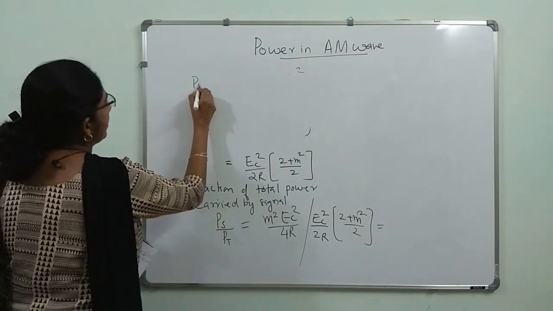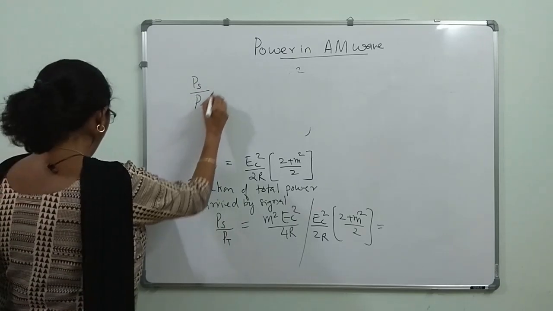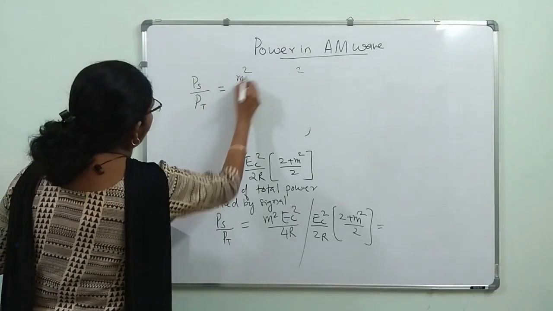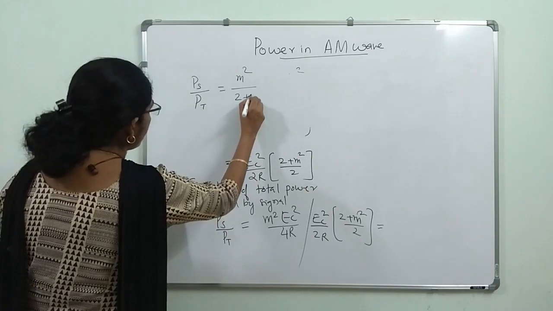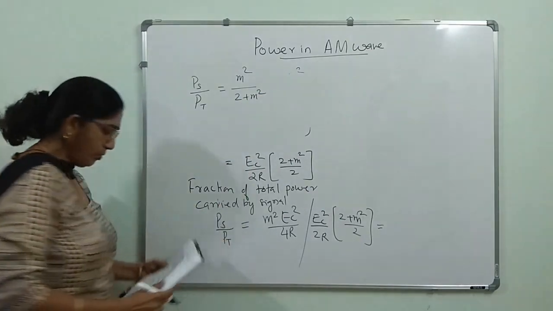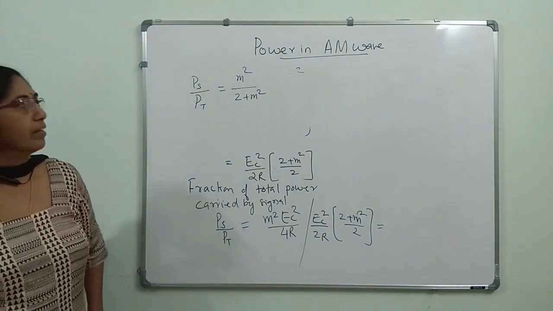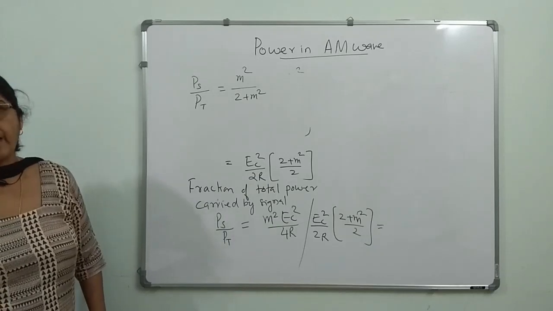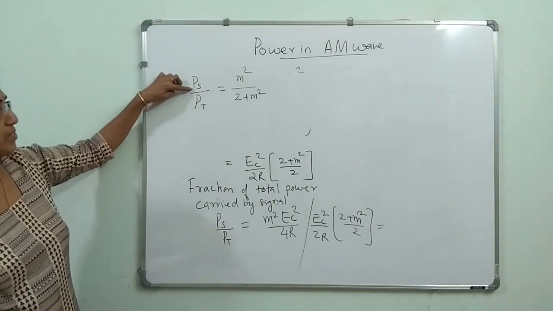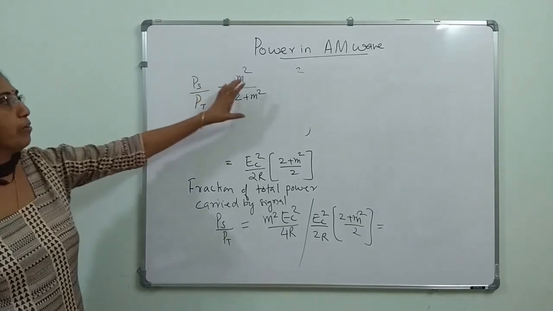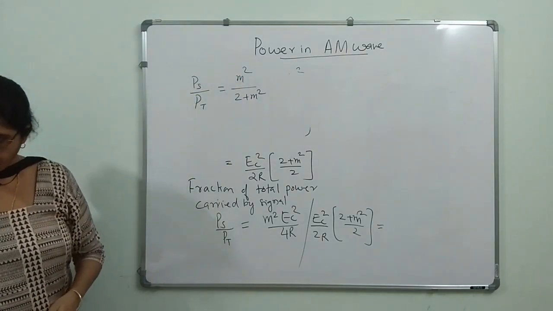So I'll get PS by PT is equal to M square by 2 plus M square. So this is the fraction of total power carried by the sidebands. This is the sideband power. So this much of power is carried by the sideband.